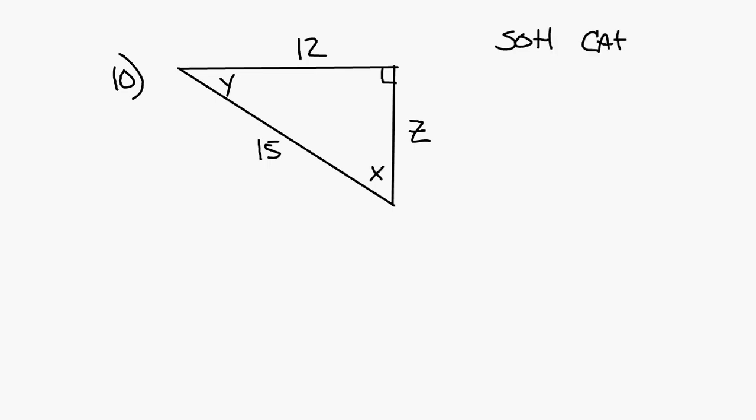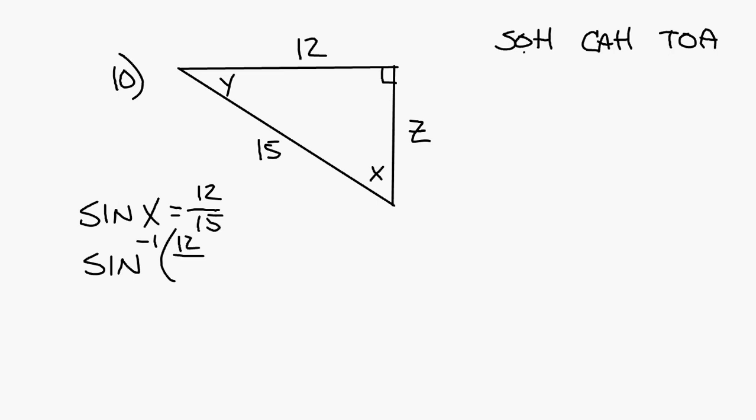So if we solve for angle x first, in this diagram we've got opposite and hypotenuse. Opposite and hypotenuse is sine. Sine of x equals the opposite side over the hypotenuse, which means that sine inverse of 12/15 gives you angle x.